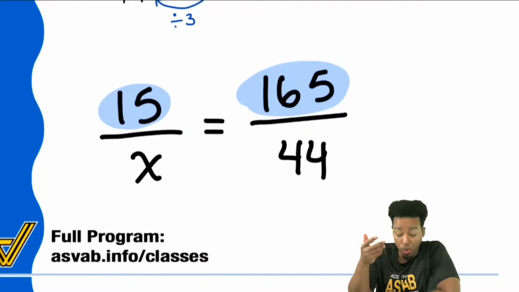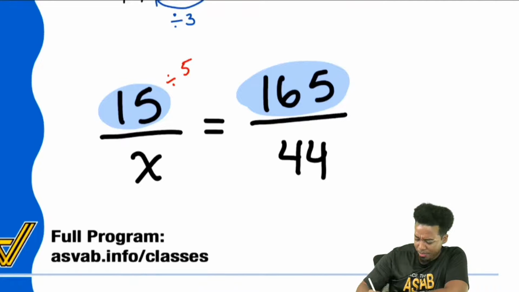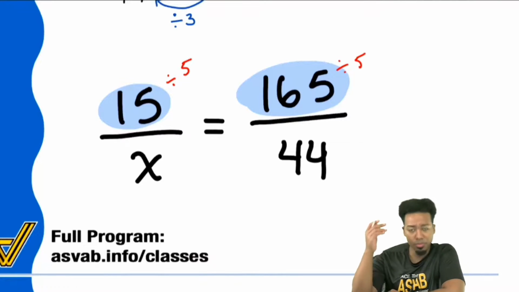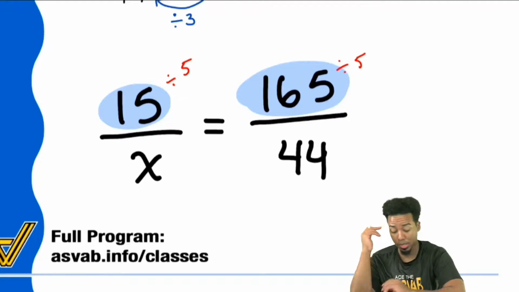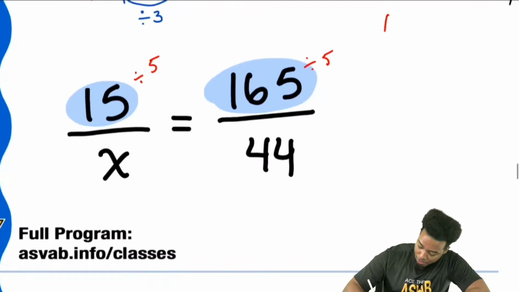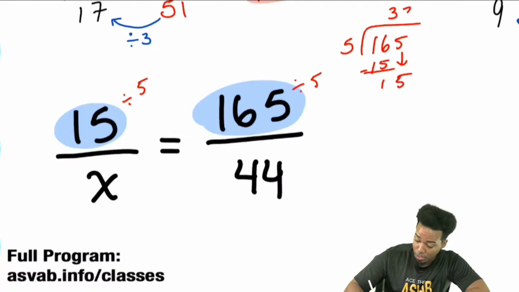So what you could do is you could straight up just say, you know what, let me just simplify, divide the top and the bottom by 5. You could absolutely do that. And if you did do that, what you would notice is this. Everybody, 165 divided by 5. 5 goes into 16 3 times. Then 15 again. 5 goes into 15 3 times.